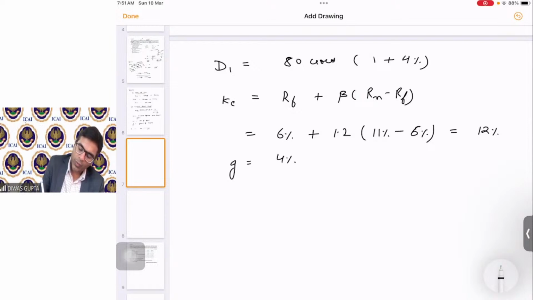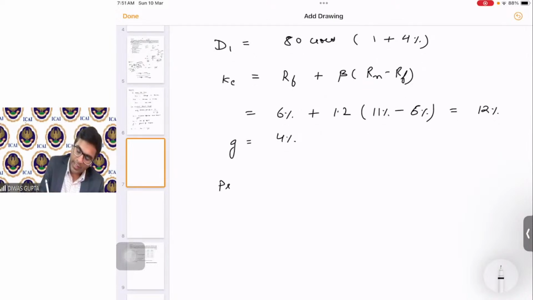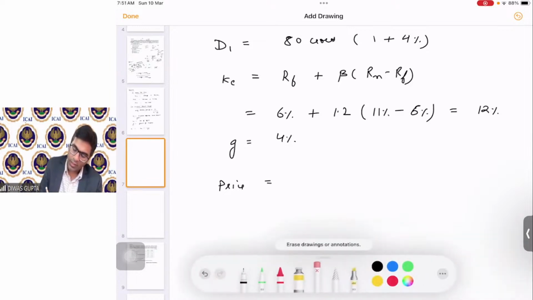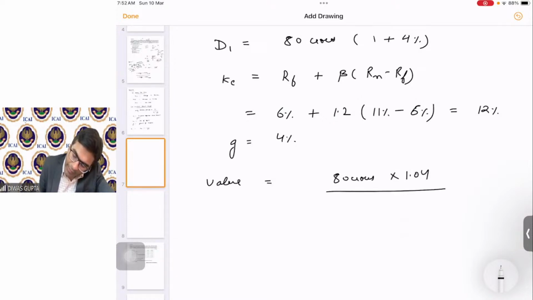Growth already is 4%, given in the question. So can we find out the valuation? Here we're talking about valuation, not price, because we are not using per share amount, we are using the total value. So value will be 80 crores multiplied by 1.04 divided by 12% minus 4%. So this comes to 1040 crores.